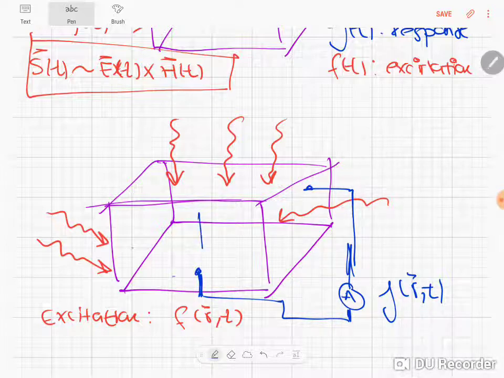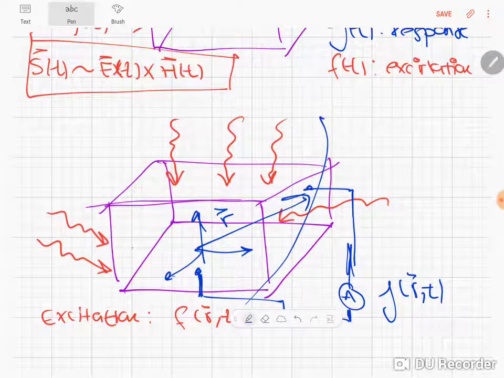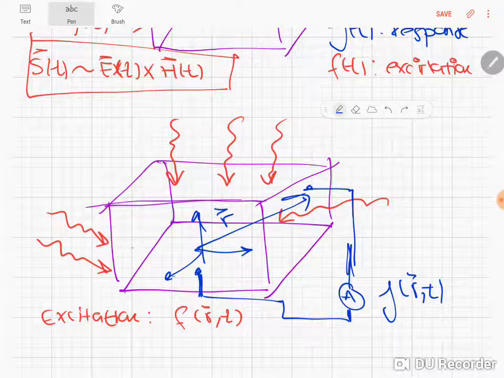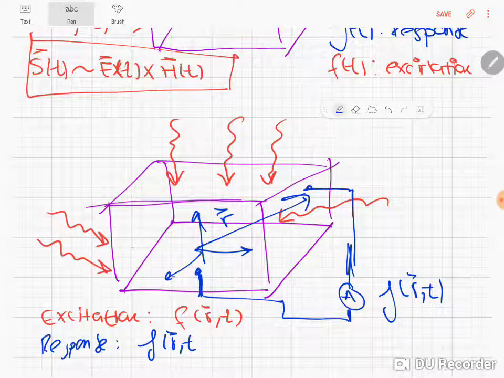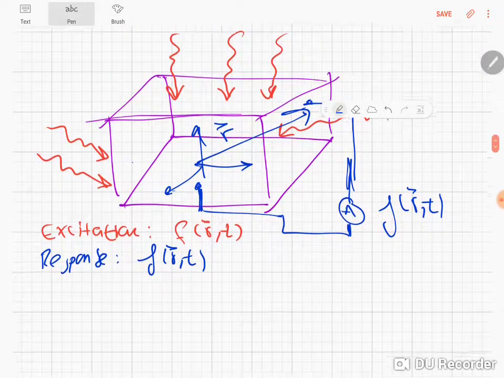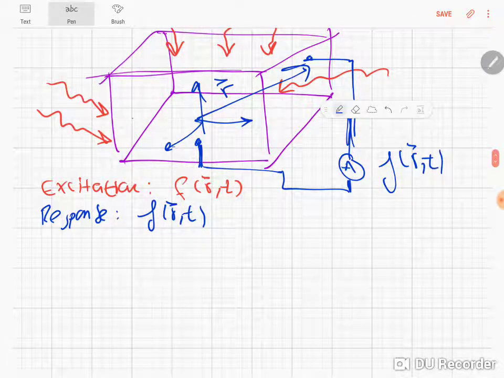So the actual place where you will put the current probe will be given by the coordinate r. Okay, so that leaves us with some response J of r, t that now is global. It's not only local, but it's global as well, which depends on the coordinate r.